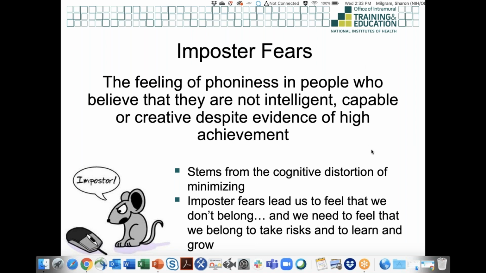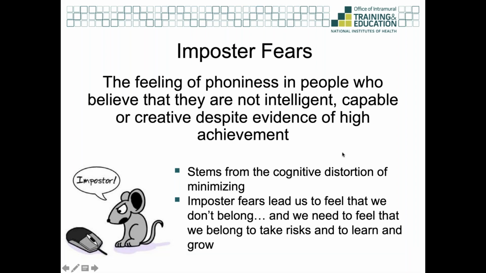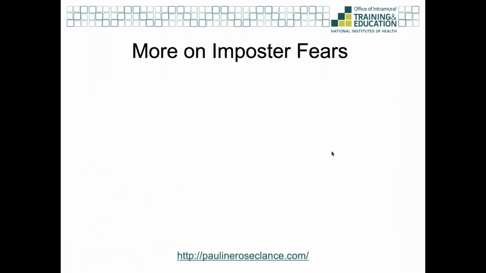So imposter fears really get in the way of student success. But the honest truth is, so do all those other cognitive distortions that I just talked about. And so learning to recognize our cognitive distortions and our imposter fears and figuring out how to do something about them is really a key resilience skill for students.